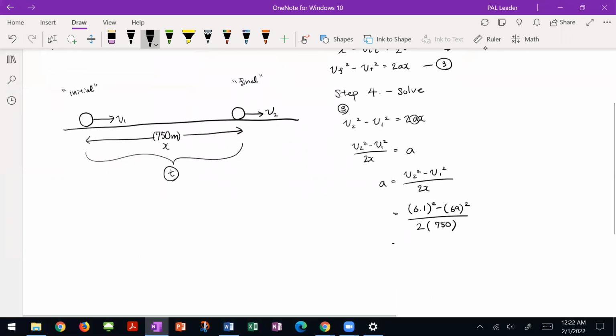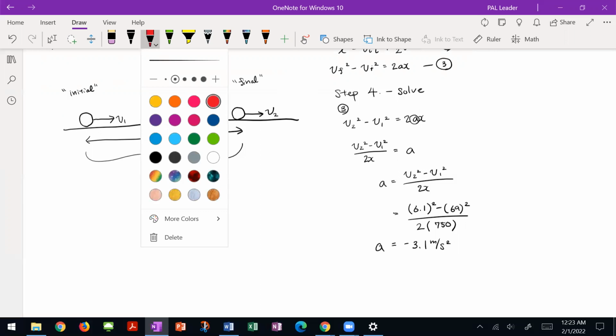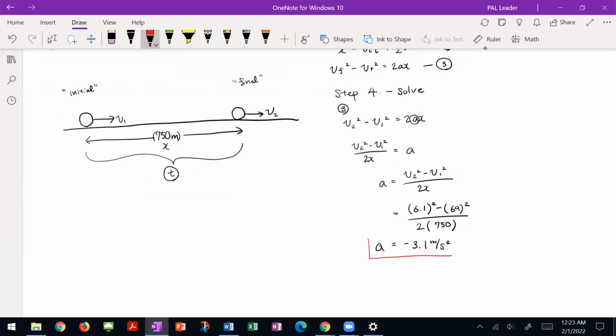Okay, let's put that in our calculator. I think that should turn out to be negative 3.1 meters per second squared. So that should be our acceleration.